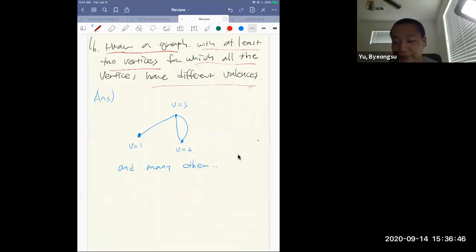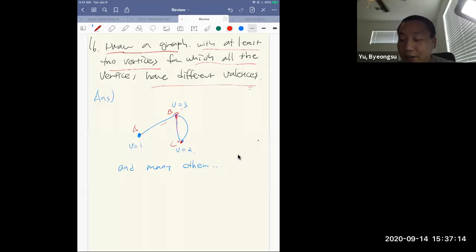One answer is using 3 vertices and adding 3 edges. Say this is A, B, C. Then A has only 1 edge, AB, and B has 3 edges, AB, BC, and BC again. And C has only 2 edges, so the balances of the vertices are different.